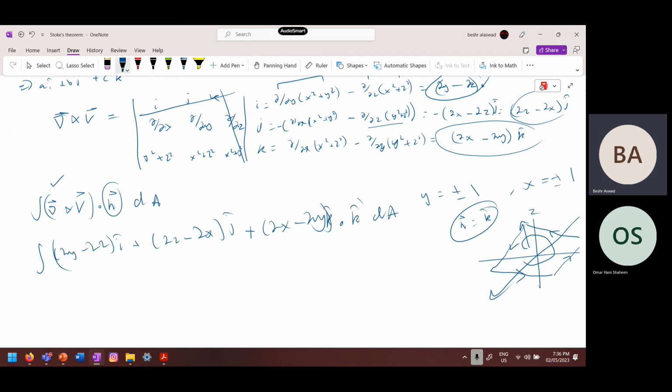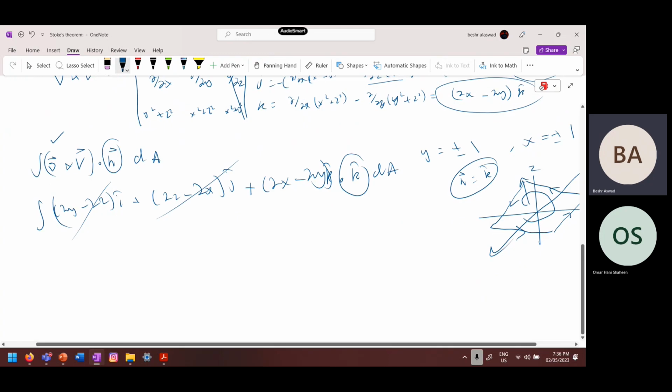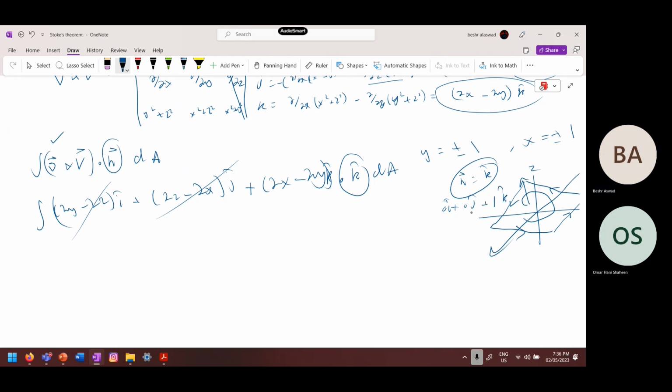Now we know since this is a k hat and dot product with this, all of this can be cancelled since they're multiplied with 0. Since the normal vector is 0 I hat plus 0 j hat plus 1 k hat. Since these two are cancelled, we're just going to work with this.